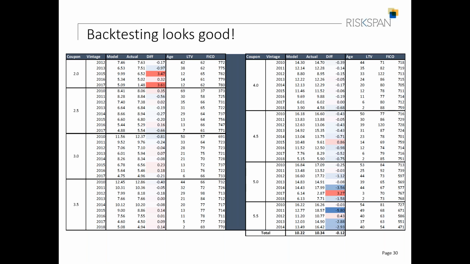Here on the page we have model versus actual CPR results for last month for a variety of different coupon vintage cohorts. As you can see, the fit is pretty good, especially in the well-populated cohorts. You'll see it as you get to the tails of either low or high coupon is where there is some divergence in the absolute difference between model and actual.